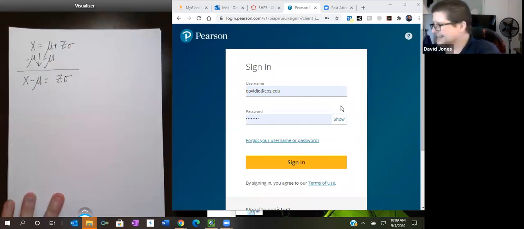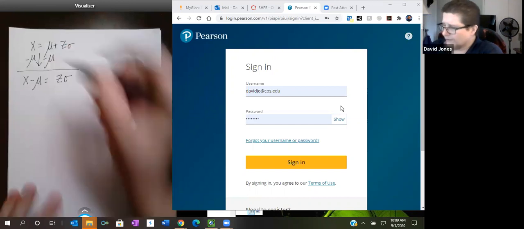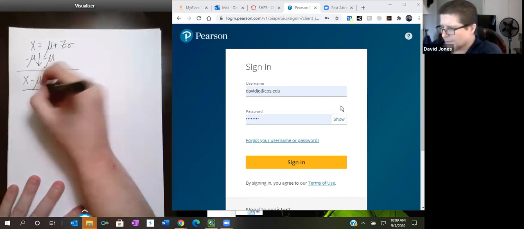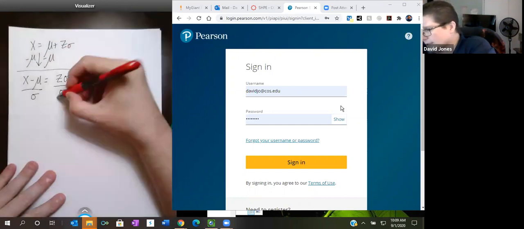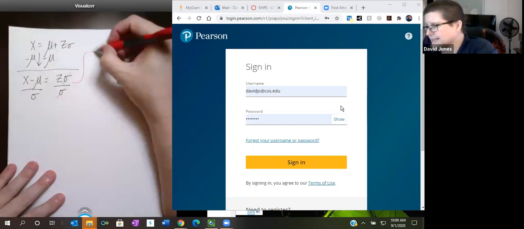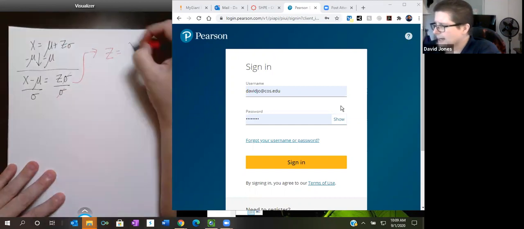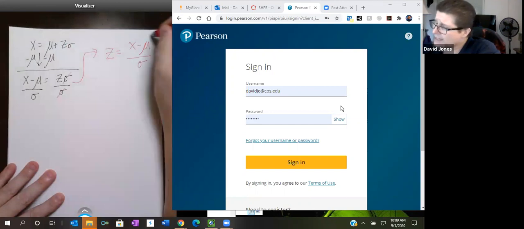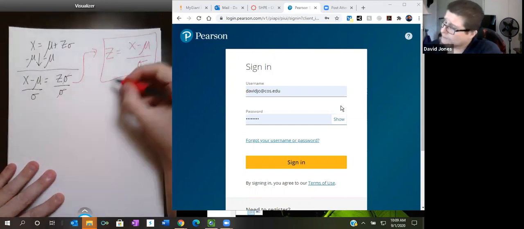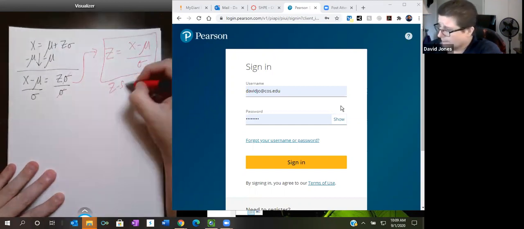And if I want to get z by itself, I'm going to divide both sides by sigma. The sigmas cancel there, and I get z equals x minus mu over sigma. That is the formula for a z-score.